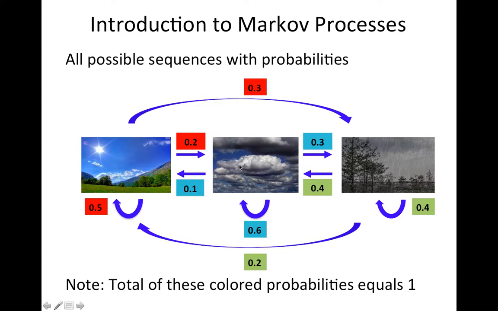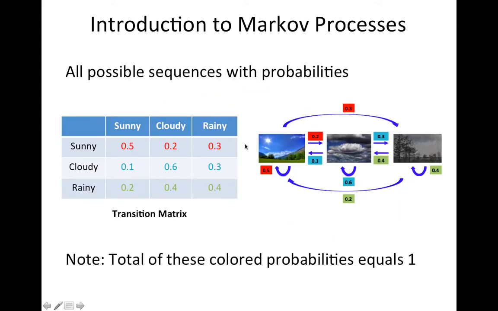Note that the probabilities should sum to 1, because a day should be either sunny or cloudy or rainy. So the probabilities should add to 1, and then you can embed the sequences with probabilities.